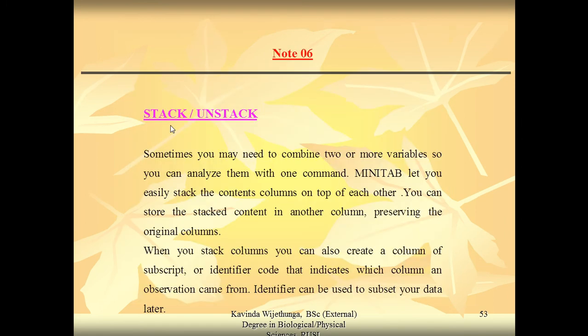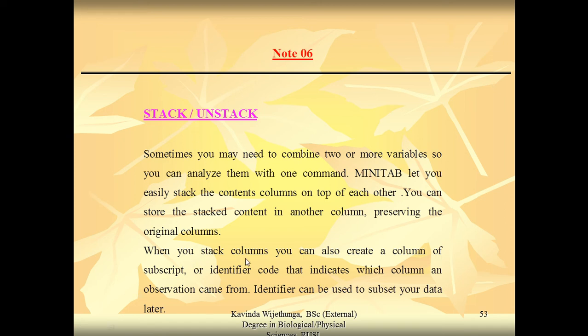Then stack and unstack. Sometimes you may need to combine two or more variables so you can analyze them with one command. Minitab lets you easily stack the contents of columns on top of each other. You can store the stacked content in another column, preserving the original columns. It means if you need to arrange two columns in one column, you can use the stack syntax and arrange it in one column while keeping the original columns.